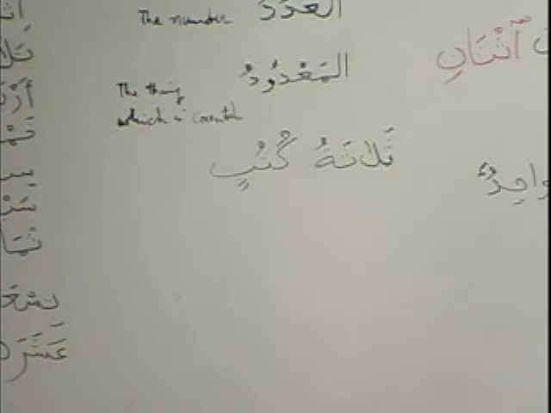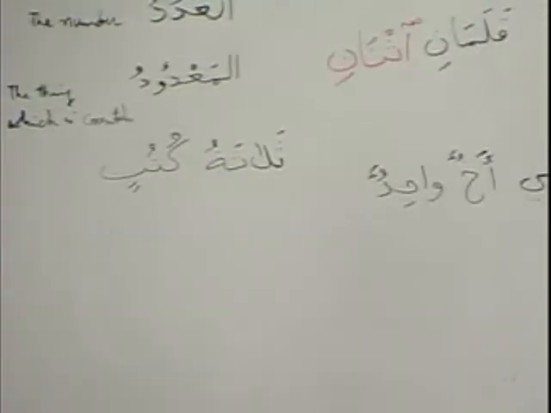Also in English you say 3 pens. Okay? There is a plural there. But in Arabic we say thalathatu kutubin. What do you say? Thalathatu kutubin. Sahi? So what is the construction? Mudaf ilayhi. Okay.